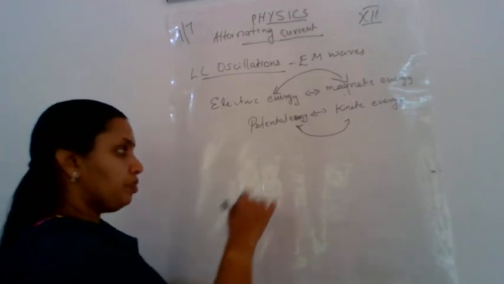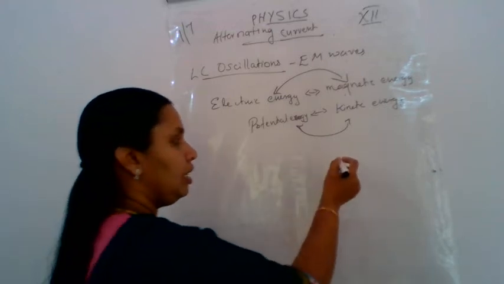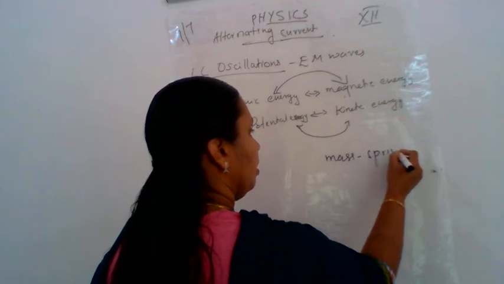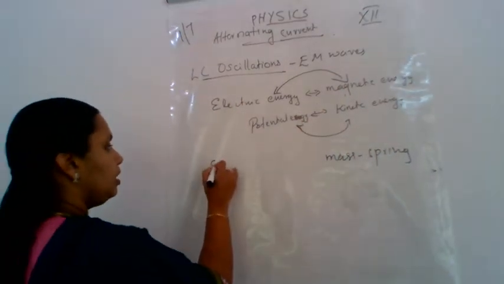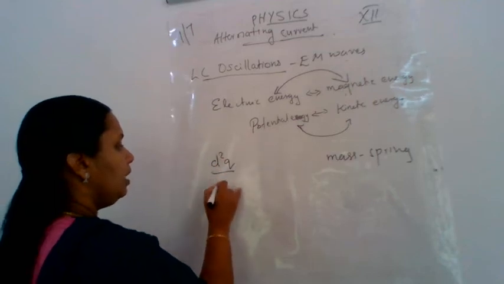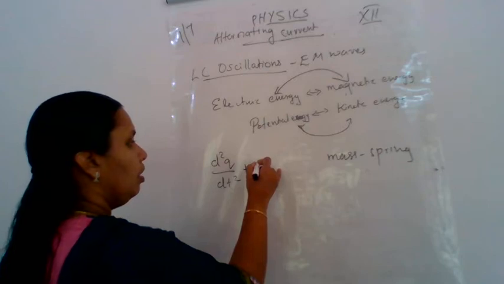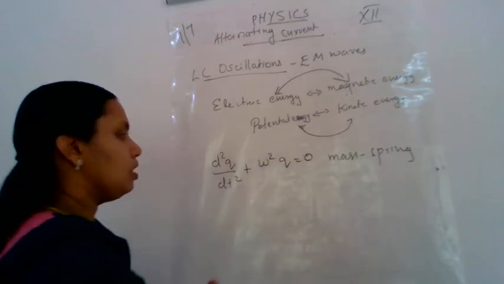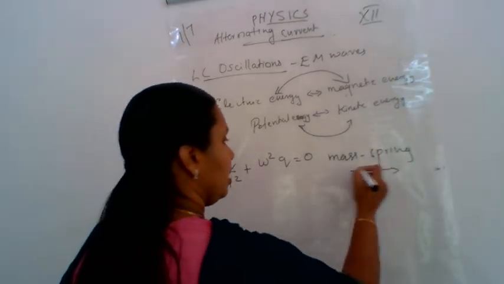Okay, so we have the equation in that, what is that? Mass spring system, and in this LC oscillator we derived the equation, that is d square q by dt square plus omega square q equal to 0. And what is the expression we got in the mass spring system?